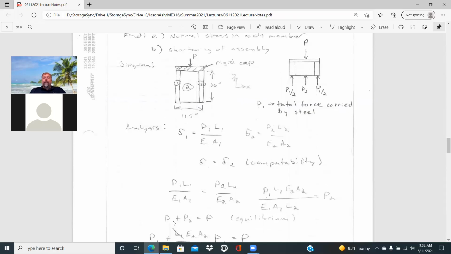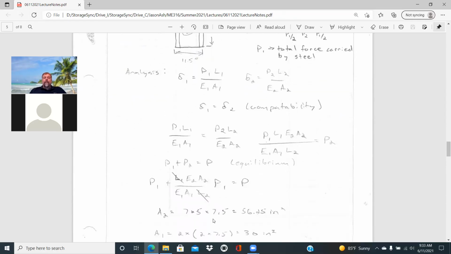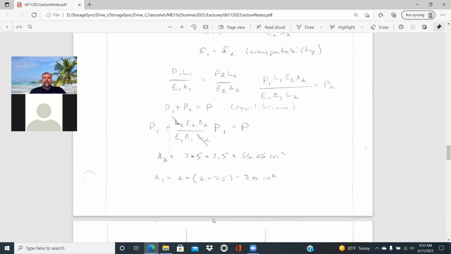Then equilibrium, again, P1 plus P2 equals P. That gives us our second equation. With that, we can make that substitution in for P2. So P1 plus L1 E2 A2 over E1 A1 L2 times P1 is equal to P, and we now have one equation, one unknown, where we can solve for P1.